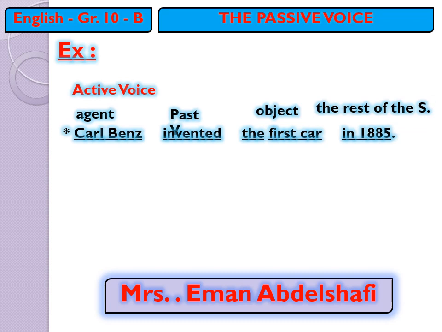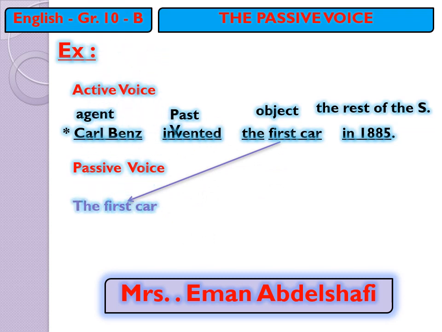We are going to start with the object, so the first car. The passive voice: the first car. Here the verb is past, and the first car is singular, so we are going to use was.